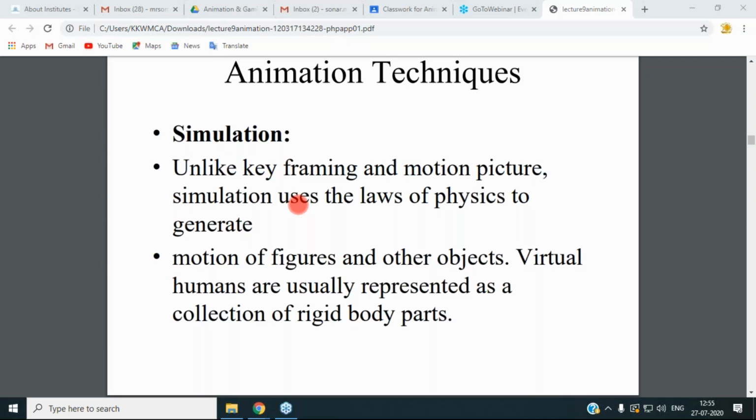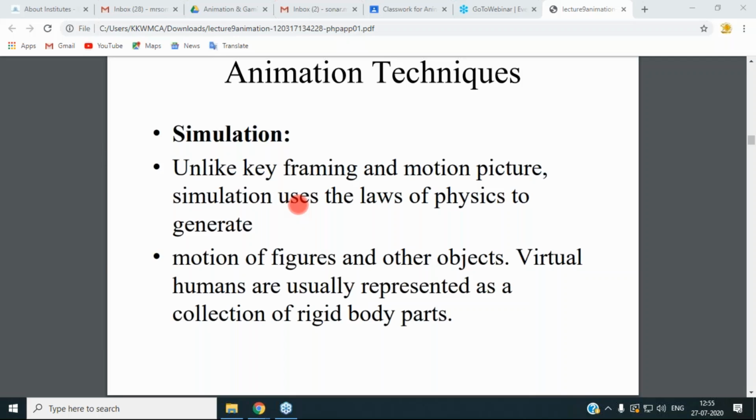Simulation, unlike keyframing, जे की फ्रेम्स आपण आता बघितलंय की जिथे आपण फर्स्ट आणि लास्ट ड्रॉ करतो इमेज, आणि in between images are drawn by some other people. So unlike keyframing and motion pictures, simulation uses the laws of physics to generate. So simulation मध्ये आपण लॉ ऑफ फिजिक्स वापरतो आहे.